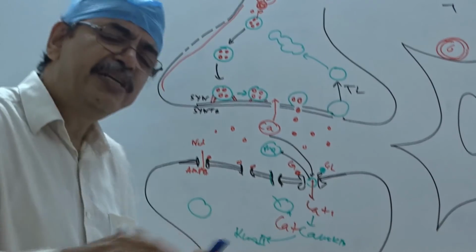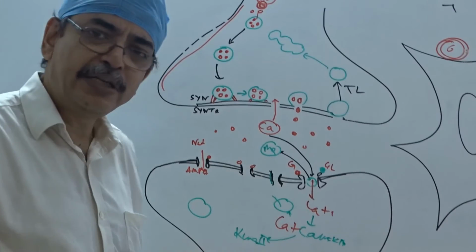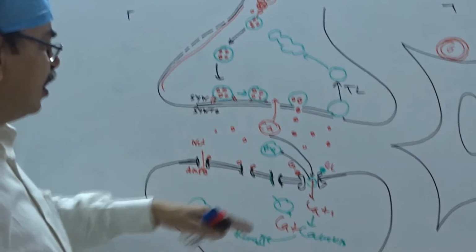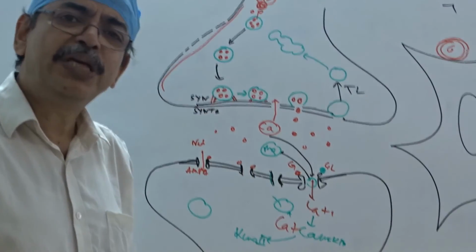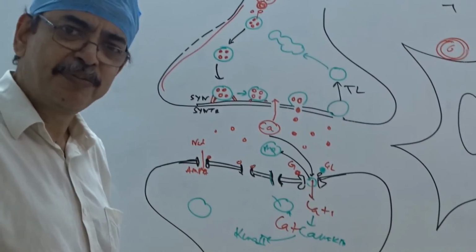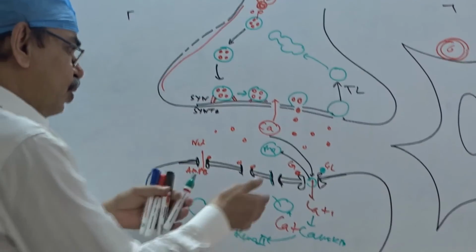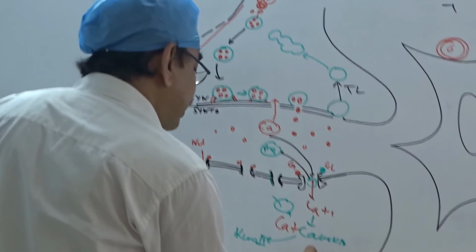That means it increases the sensitivity for these glutamates and other things. So as a result, there is a vicious cycle. The membrane now becomes more responsive, more sensitive, and there are other happenings.